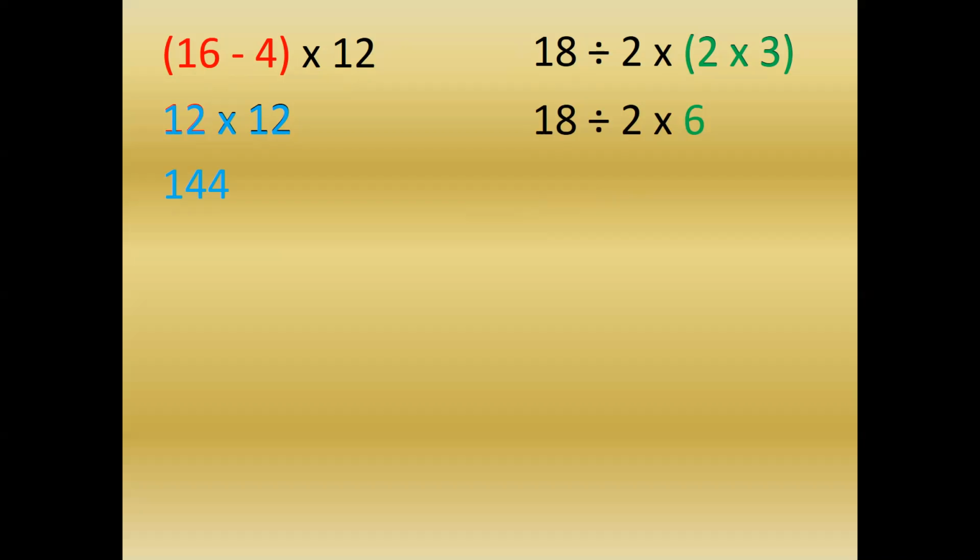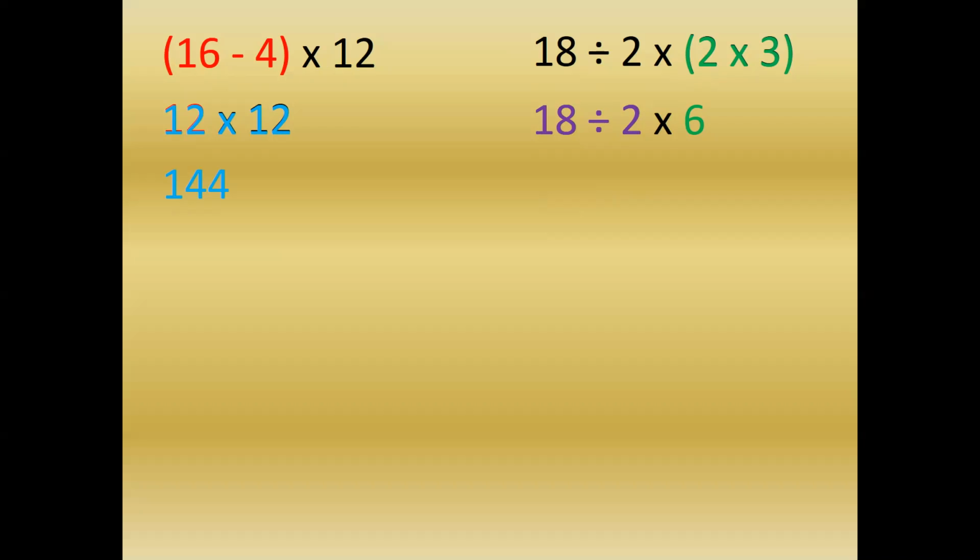All right, what is our next step? Remember BDMAS. So we did the B, there's no more brackets. So what does D stand for? Division. So that means we'd have to do 18 divided by 2 first. So what is 18 divided by 2?